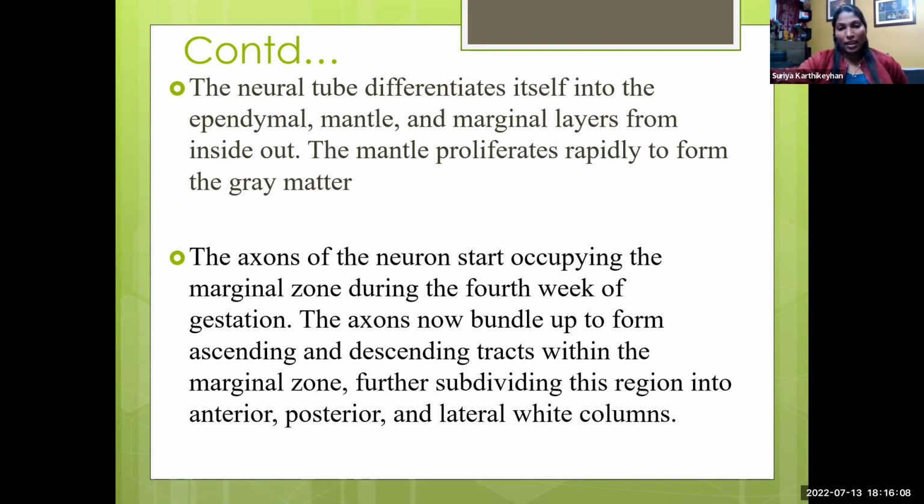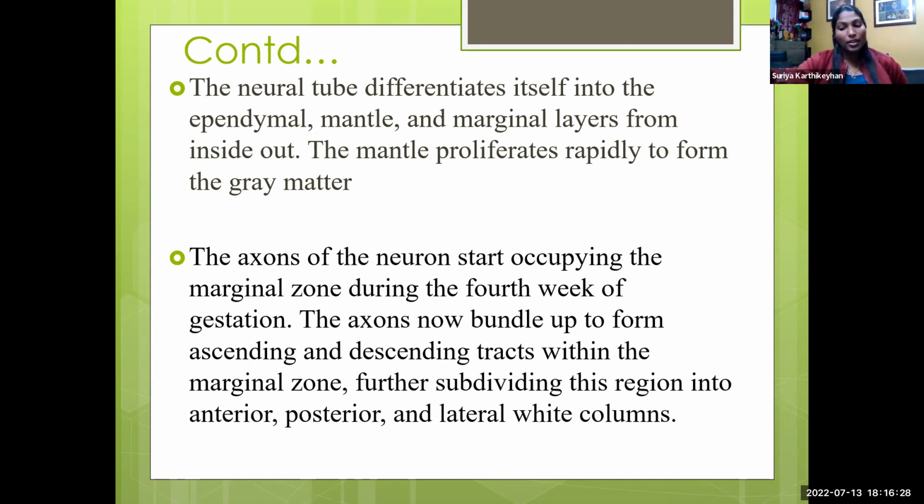The gray matter is actually composed of the nerve cell bodies, neuroglial cells, and the dendrites. What are the parts of a neuron? We all know it has a cell body, short processes called dendrites, and a single long process called the axon.